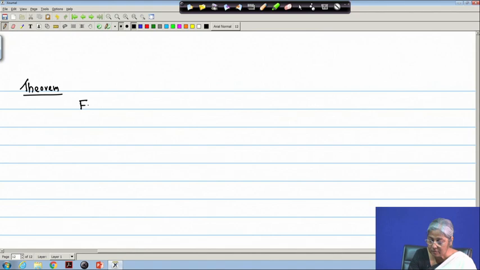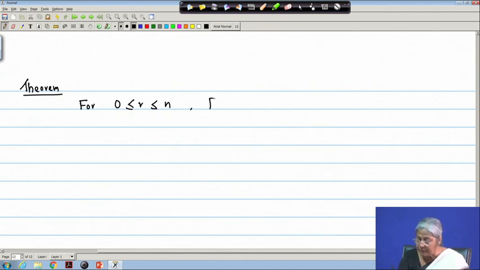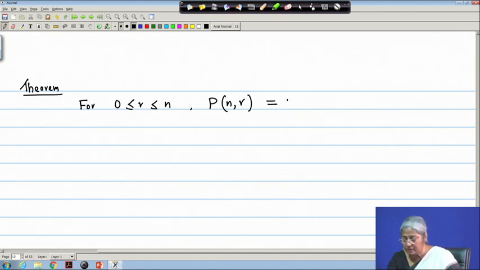For 0 less than or equal to r less than or equal to n, then P(n,r), the r permutation of n elements, is r factorial times nCr.